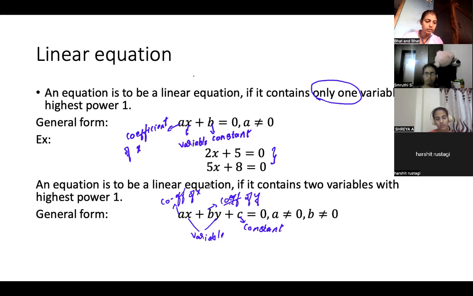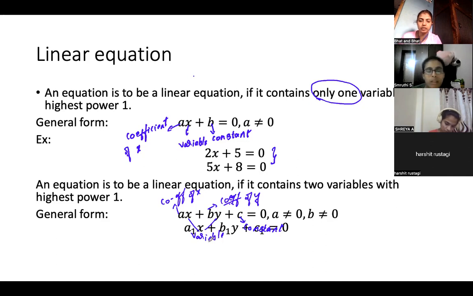Understood this, right, everyone? Now, if I say pair of linear equations containing two variables, I have to write a pair of such equations.